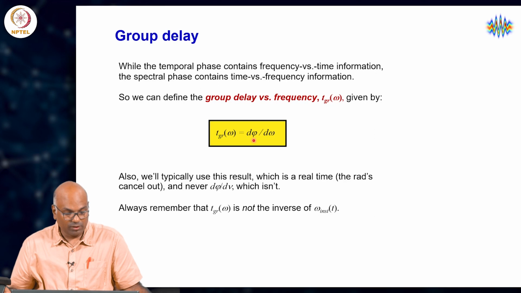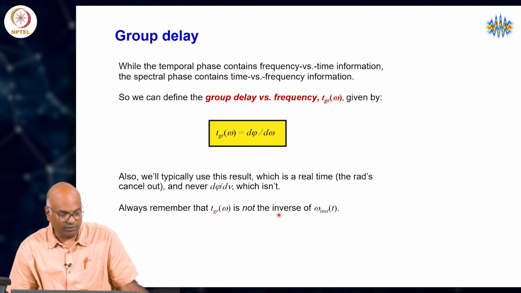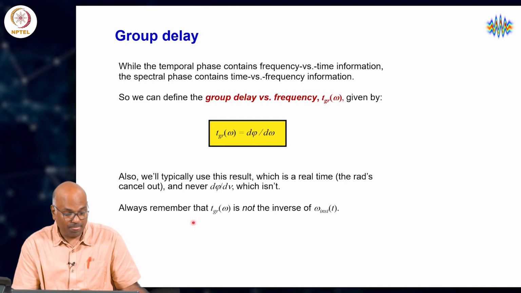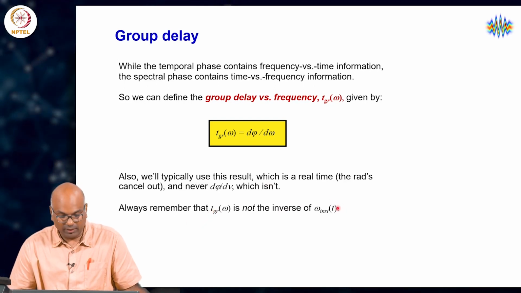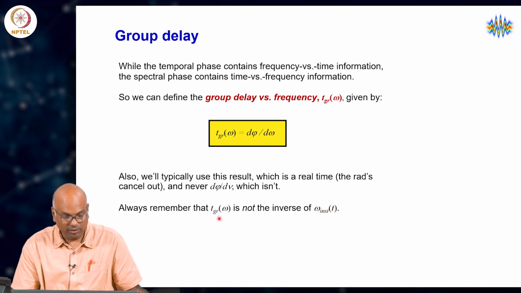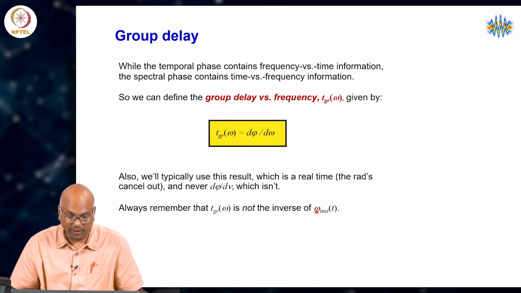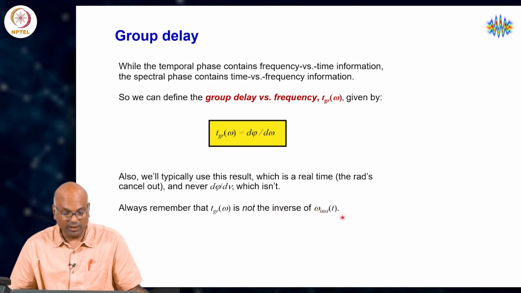Or well, if it is d phi by d nu, you would have an additional factor of 2 pi appearing somewhere. That group delay is the companion of instantaneous frequency in the frequency domain versus the time domain. However, these are not related through an inverse 1 over each other relation.